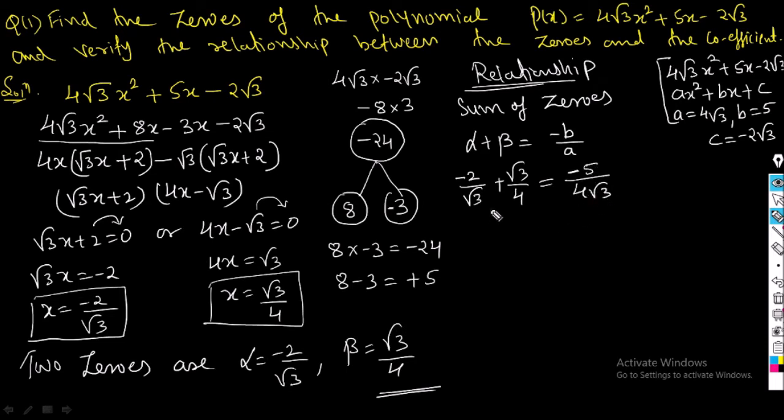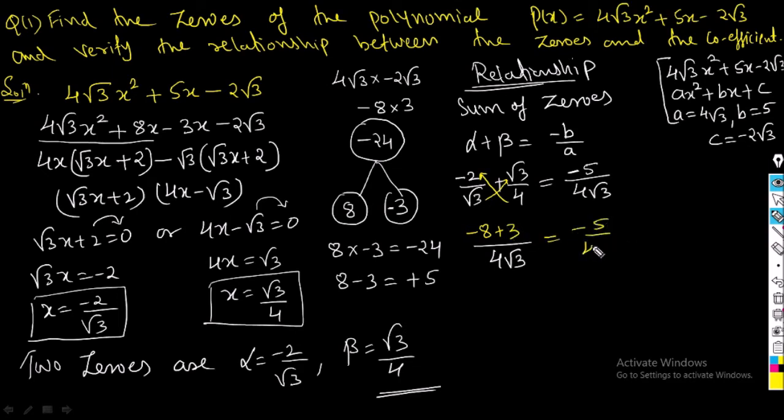Now what I will do: I will take the LCM of root 3 and 4. The LCM will come 4 root 3. So this 4 you have to multiply here, and this root 3 you have to multiply here. When I multiply 4 into minus 2, I get minus 8. And root 3 into root 3 becomes 3.